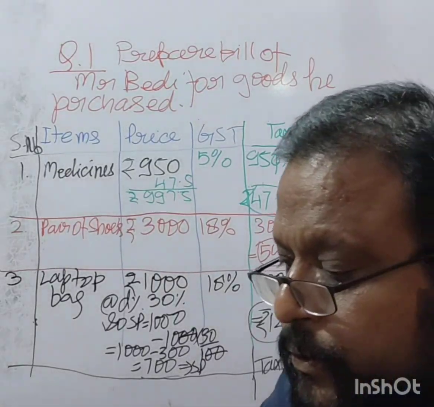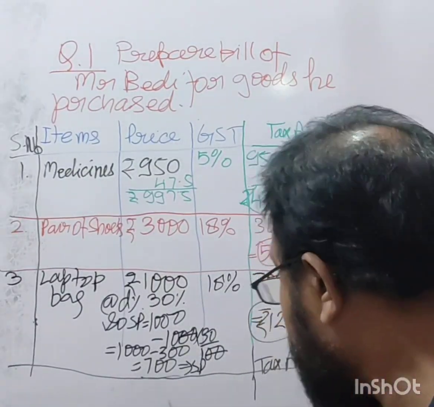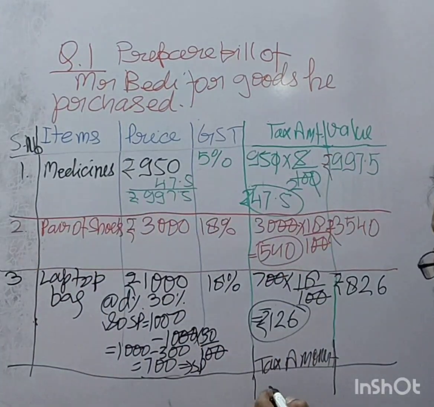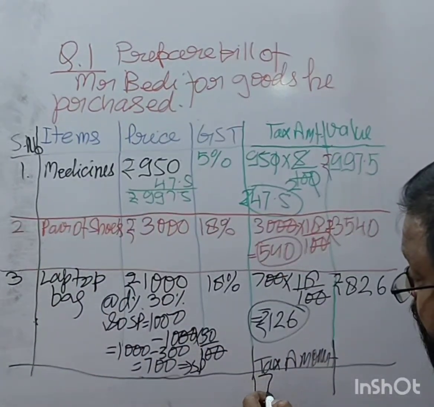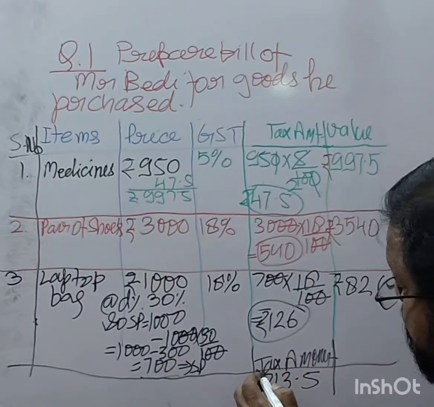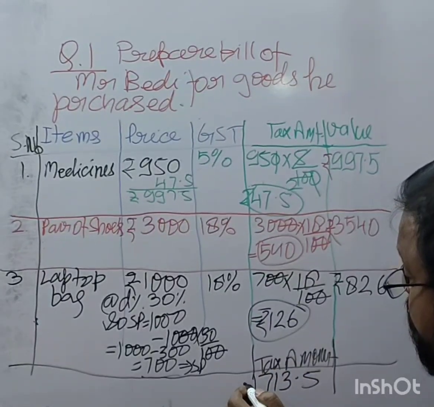So the amount is 713.5. So this is the tax amount.